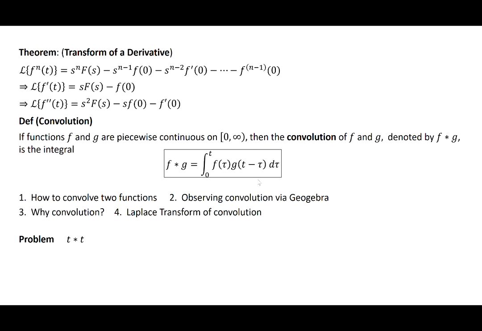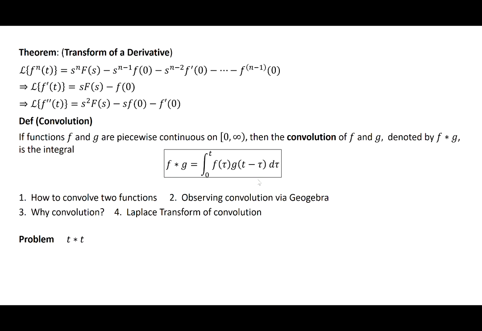f of tau? Well, if f of t is t, what is f of tau equal to? Let me put it this way. If f of t equals t, what is f of 3? 3. f of 5, 5. So f of tau, tau.